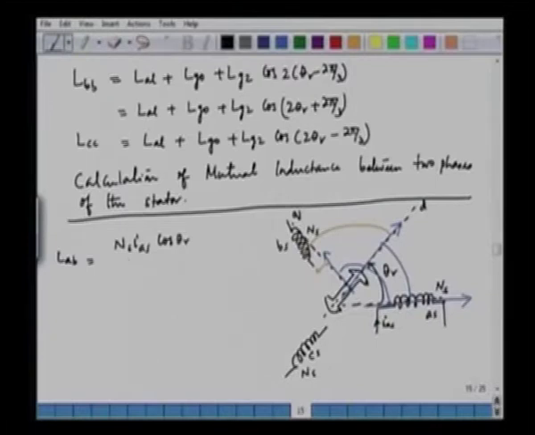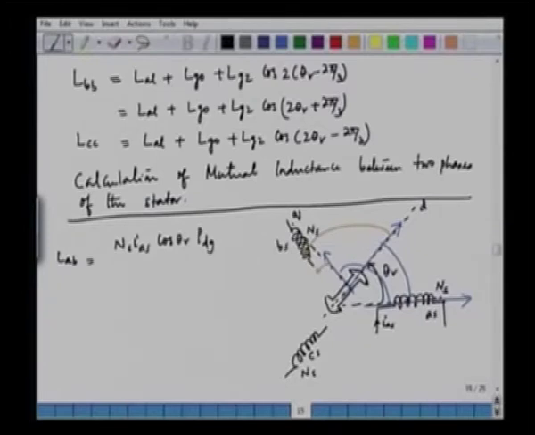Ns into is into cos theta r in this case is the d axis flux due to the current in phase A multiplied by P dg, into the projection of this along this axis.